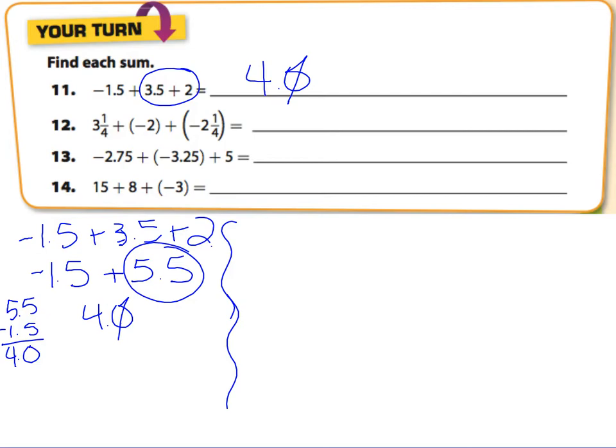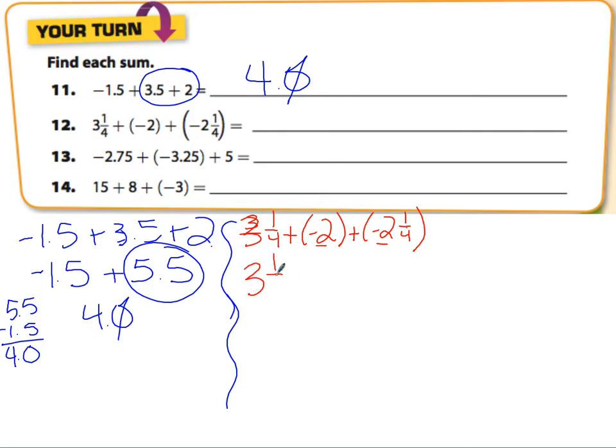Okay, for the second one, I'm going to add my negatives together first this time. So I have 3 1/4 plus negative 2 plus negative 2 1/4. The nice thing here is there's only one fraction, so I just add my whole numbers. That is not part of the fraction, that is the integer.